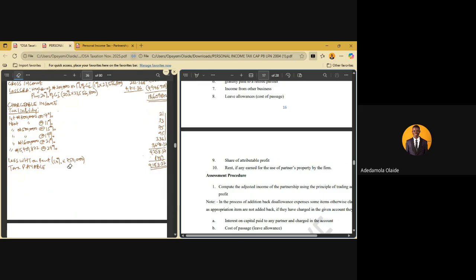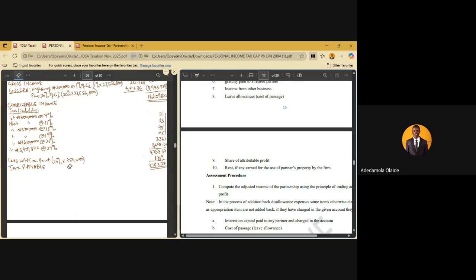Then, if they have any other income aside from the partnership business, we also add it, be it franked income or unfranked income. Then we less their tax exempt, we less the consolidated relief allowance, and we arrive at the chargeable profit, which is subject to tax. So that's basically what we have on taxation of partners in partnership business.